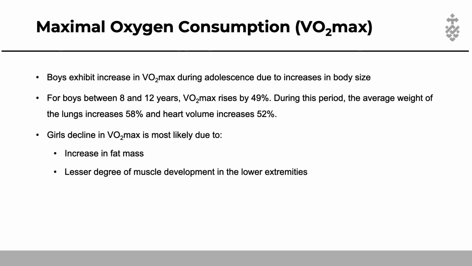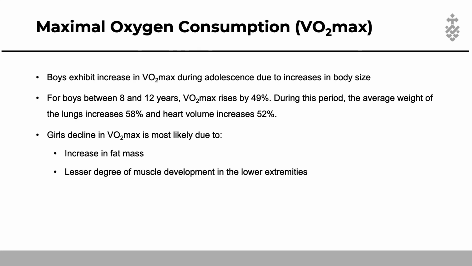So VO2 max has previously been associated with body size. For example, in boys aged 8 to 12, VO2 max rises around 49%. Now, during this period, the weight of the lungs increases 58% and the heart volume increases by 52%.